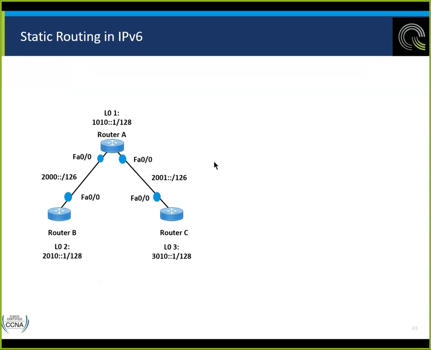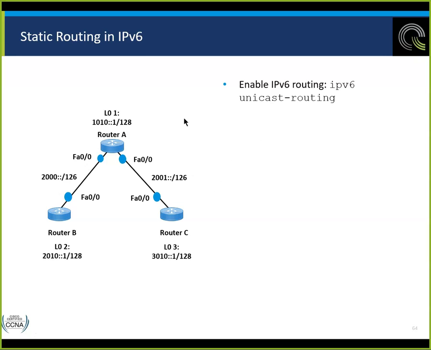Static routing with IPv6. We're not going to get into anything really deep here, just some looks at IPv6. But I would point out we have a colon in the address, loopback 1, LO2, and fast Ethernet 0/0 for these, and we have the loopbacks down here.